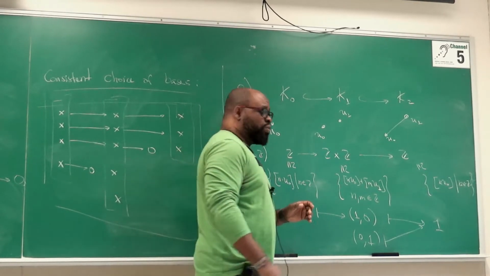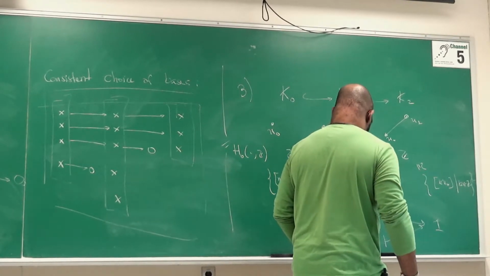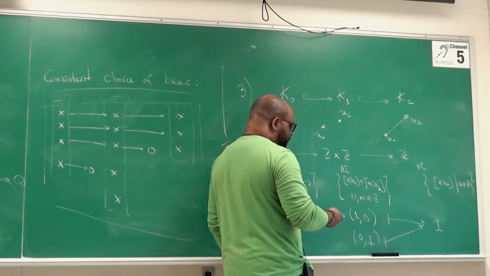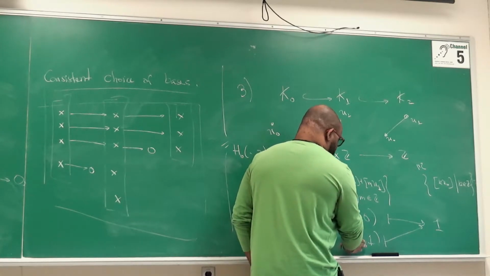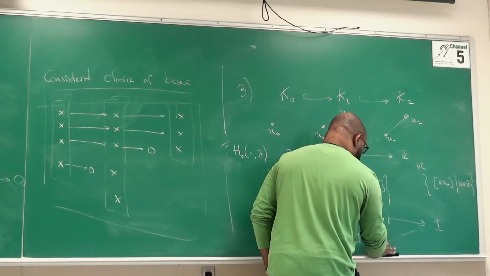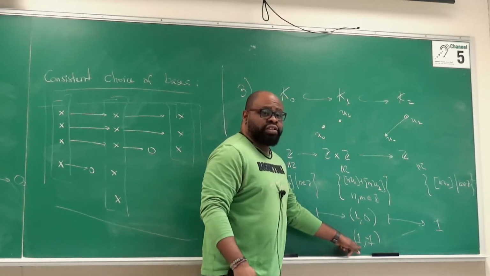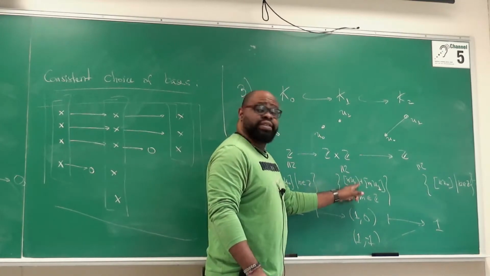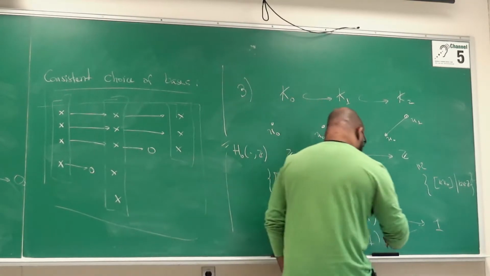So I think one choice of bases that would work in here would be, let's say, 1, minus 1. This is certainly another basis for this space, and this now goes to 0.